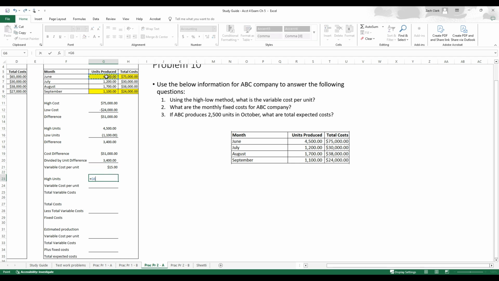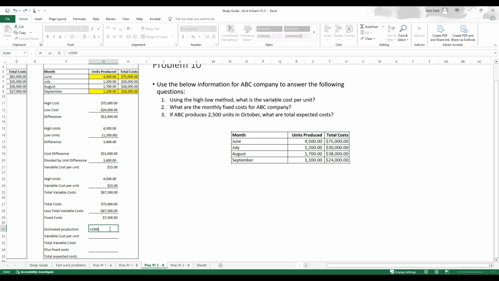Then we're going to go back up to our units produced, take that variable cost per unit to get our total variable costs. And then we'll take the total costs, including variable and fixed, and subtract out that variable portion. And again, this is from the high month, so that's what we're getting all these numbers from. If we back out the variable piece, we end up with $7,500 in fixed costs.